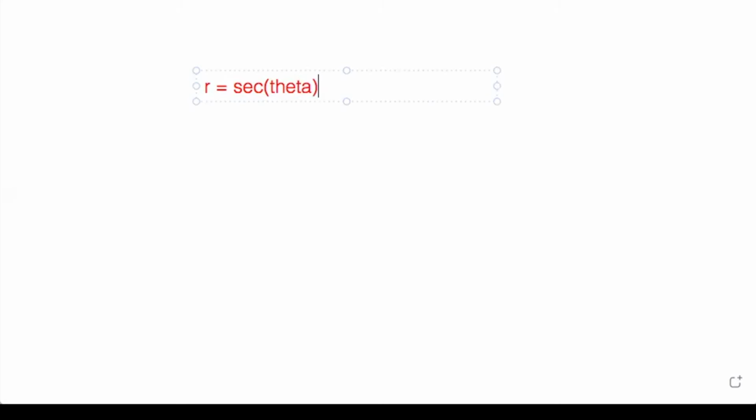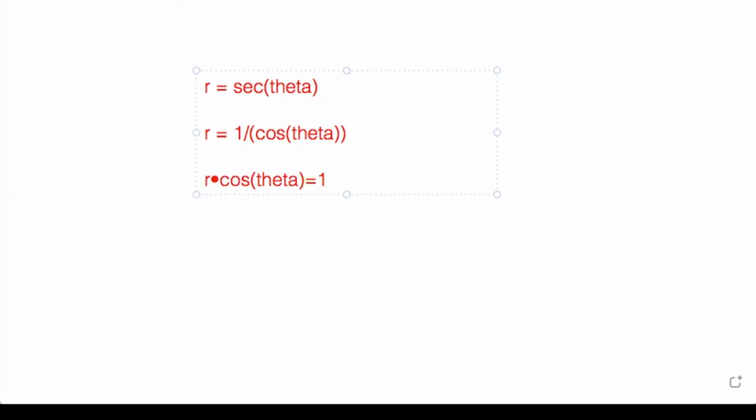And if you'll recall, let's see, that means that r is equal to 1 over the cosine of theta, right? And if I multiply by both sides, I get r times the cosine of theta is equal to 1.